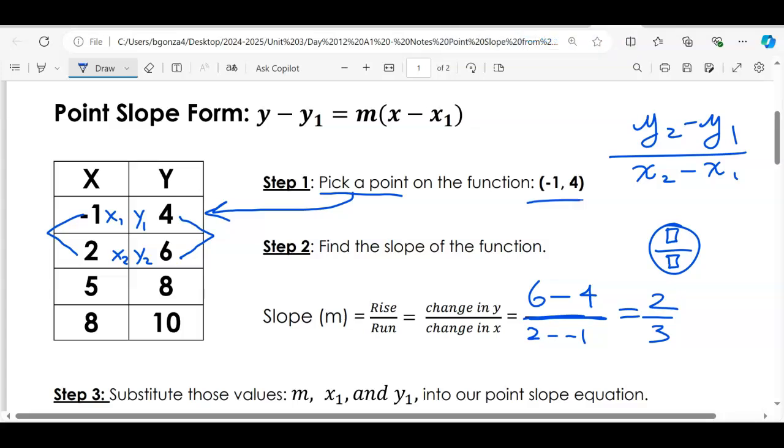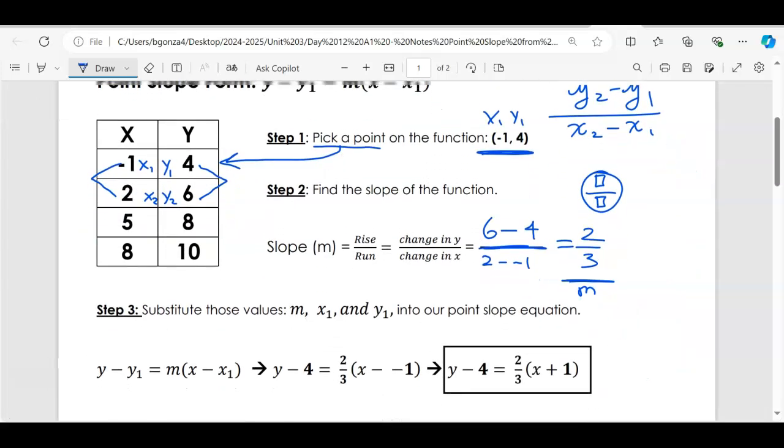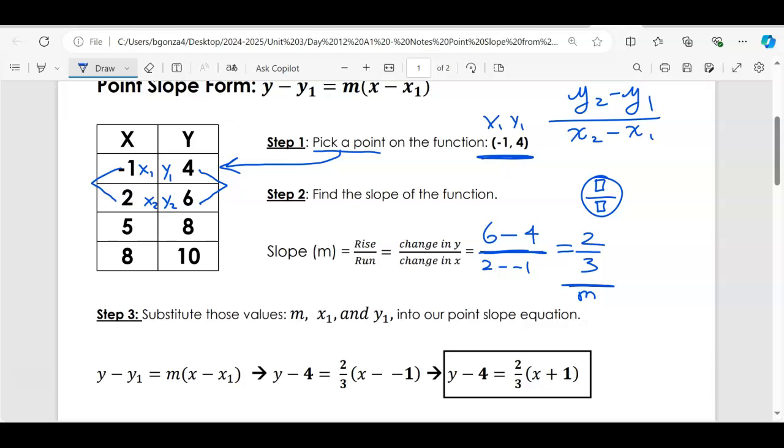So I got my point, I got my slope. This is x1, y1 of my point. This is my m of my slope. And now you can see how they put it in here. Notice how they put this formula right here. They replaced x1 with -1.